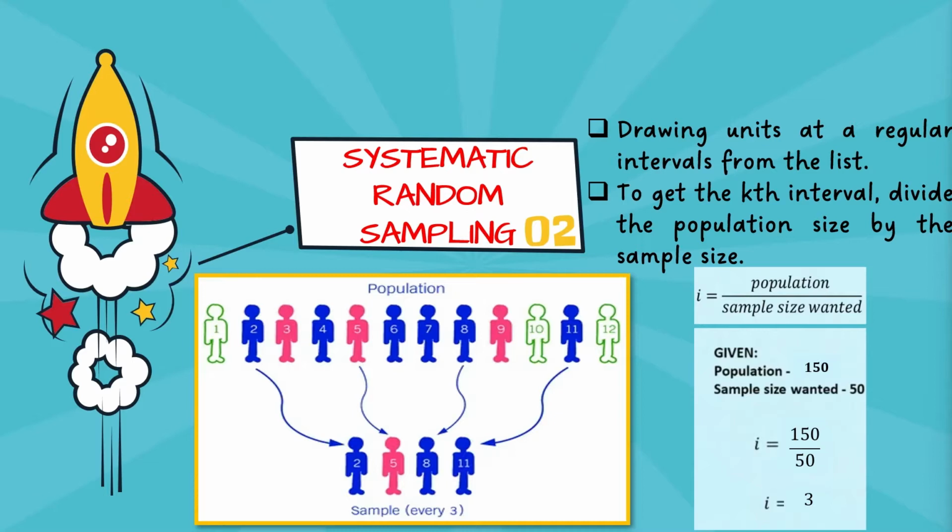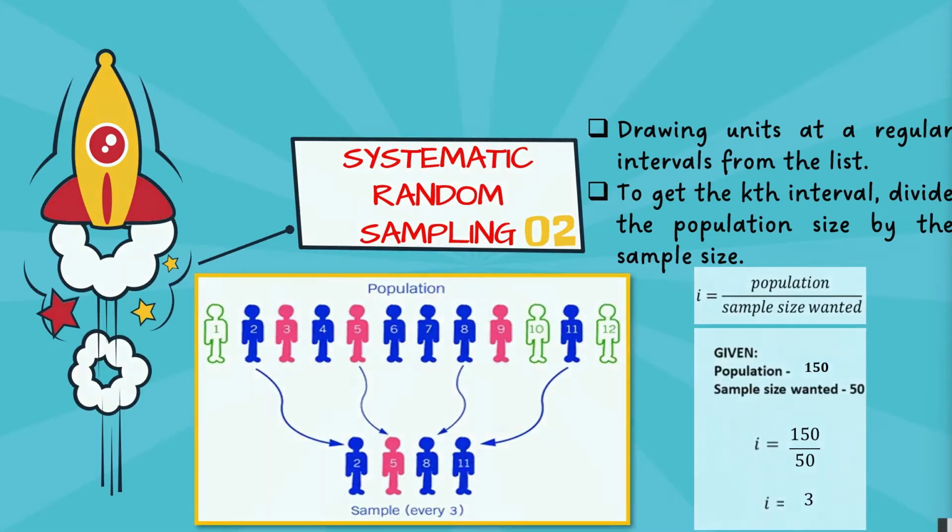In that case, you have to get a fixed point, which will be the first person included in your study. In this illustration, our fixed point is 2. So 2 will be the first sample. After 2, we have 3, 4, 5. Then 5 will be part of our sample. Then 6, 7, 8, 9, 10, 11, and so on and so forth.